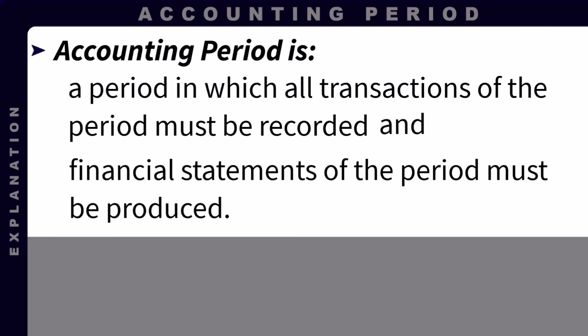What do we mean by the assertion that all transactions of the period must be recorded? That means transactions that were conducted or occurred during an accounting period must be recorded in that accounting period. They cannot be delayed until the next accounting period.